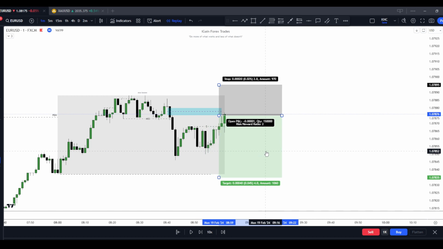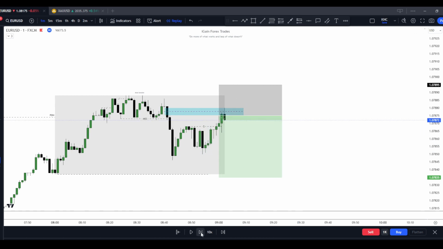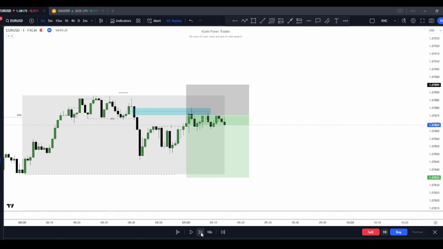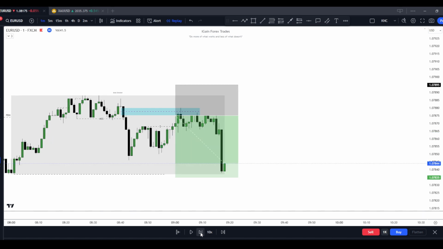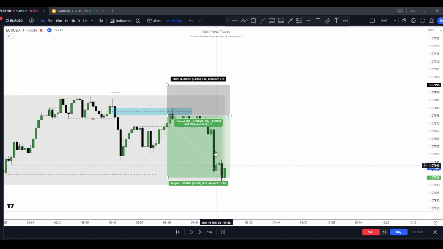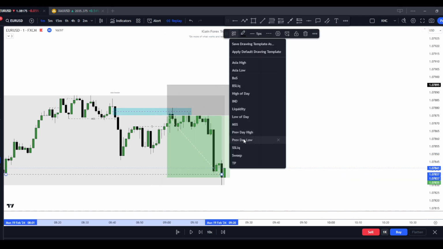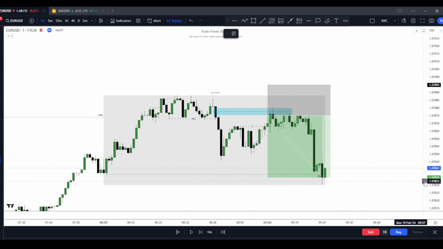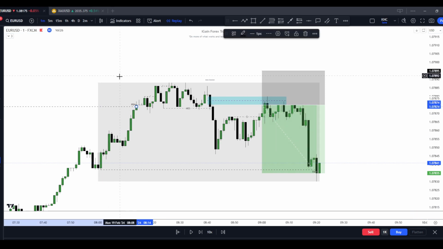We have a tap on our entry. There we go, guys. This is the sell side liquidity. And we have a TP hit of 1 is to 2 risk reward ratio. Okay, so that's the setup on Monday, February 19, 2024.